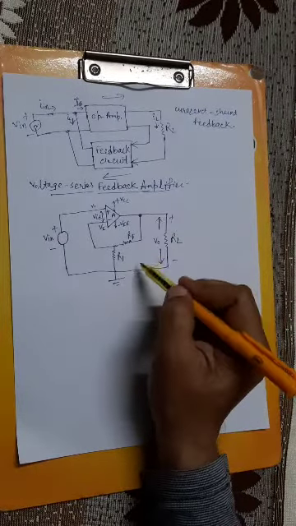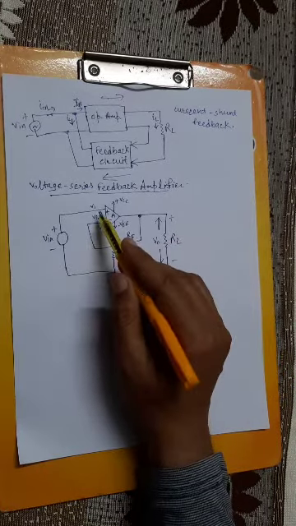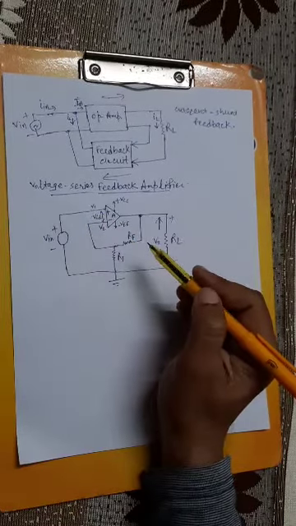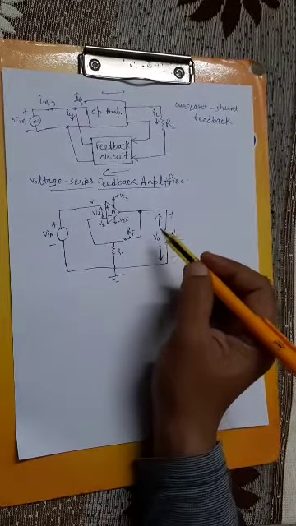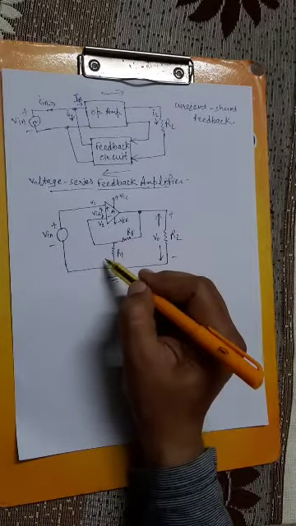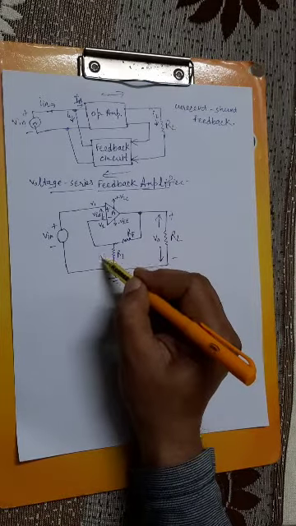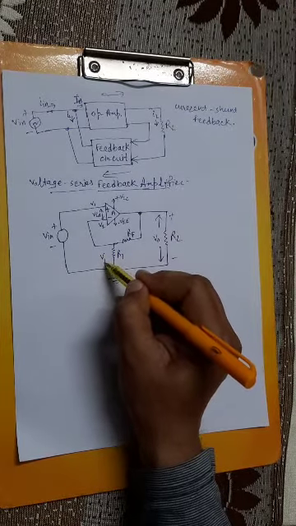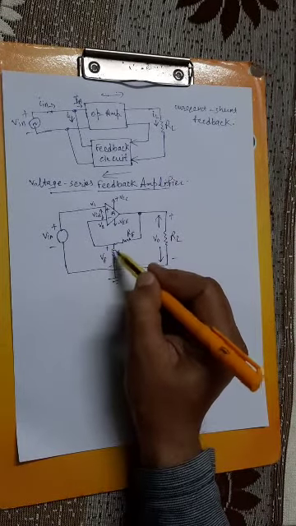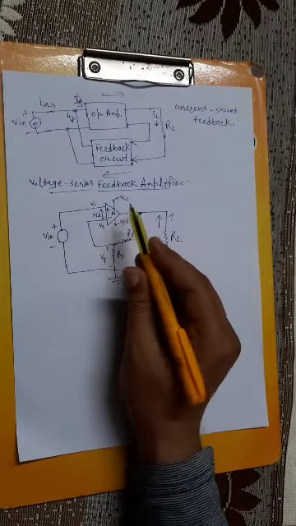Now a partial part of this output voltage is applied to the input side in the voltage series feedback configuration feedback amplifier. Now the part of this output voltage as Vf, that is the drop across this R1, is applied to the input side.